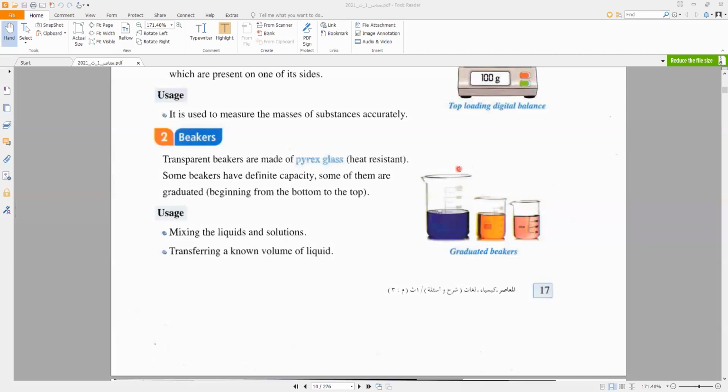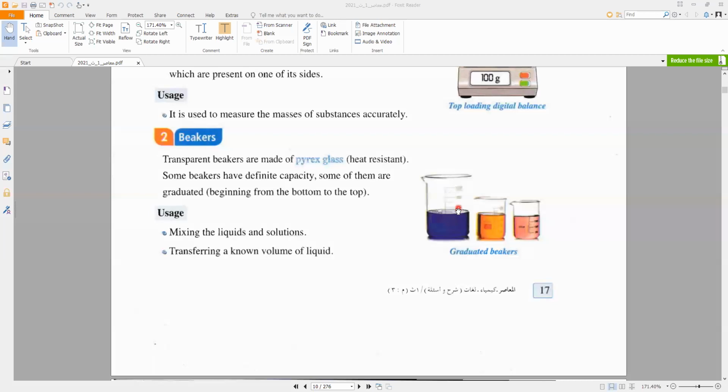What are the uses of the beaker? The beaker is used to mix liquids and solutions. If we want to mix liquids or solutions, we use a beaker.